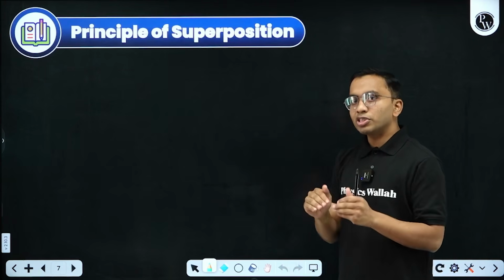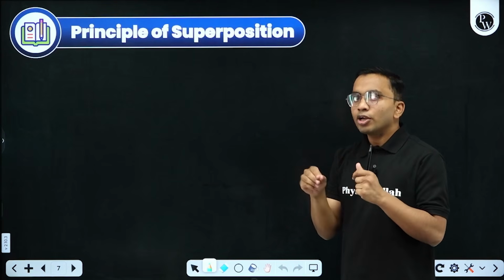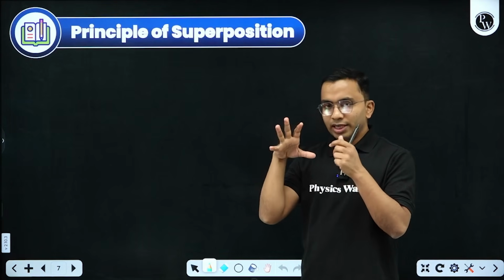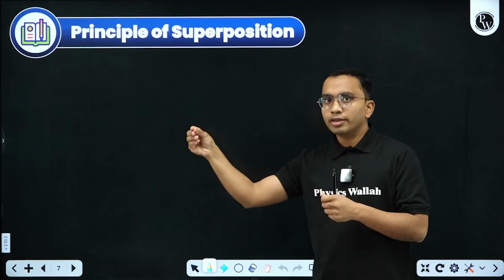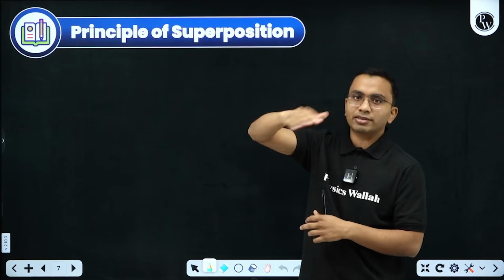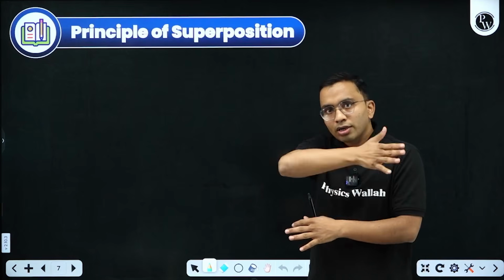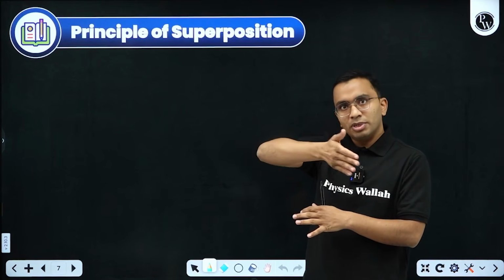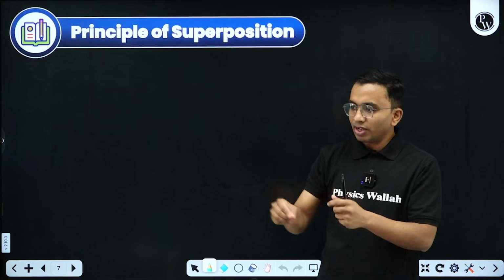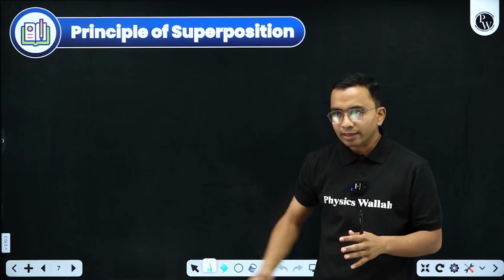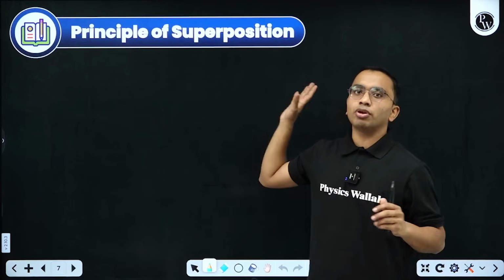So the superposition principle is telling that the force on a mass due to another mass is independent of the presence of other masses. When you are writing the force on one mass due to another mass, that is independent of the presence of other masses. Similarly, one by one you will write all the forces and take the resultant of that, which becomes the total force.